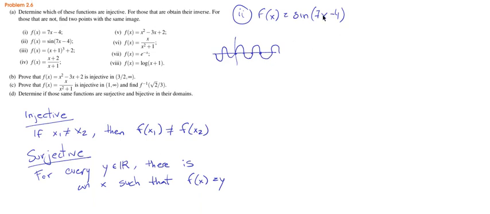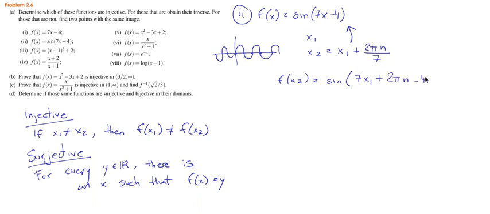Okay, so in other words, if we have a given x1, if we write x2 is x1 plus 2 pi n over 7, when you plug this here, you have f of x2 is the sine of 7x1 plus 2 pi n minus 4, which is the same as the sine of 7x1 minus 4, because the period of the sine is 2 pi.